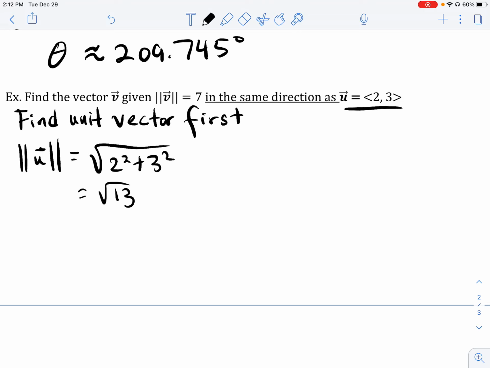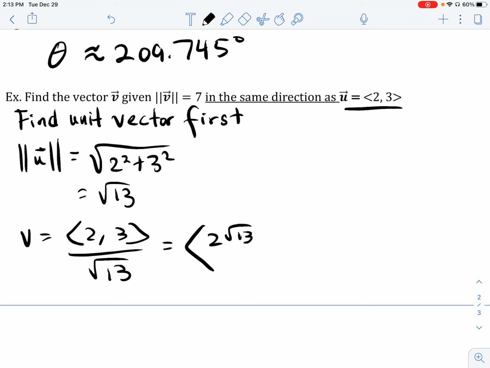So this unit vector v is going to be 2, 3 divided by root 13, which is 2 root 13 over 13, 3 root 13 over 13. Okay, so here is our unit vector.